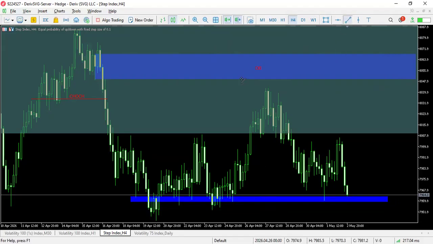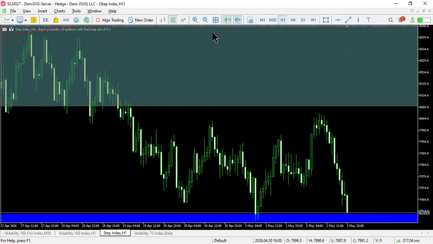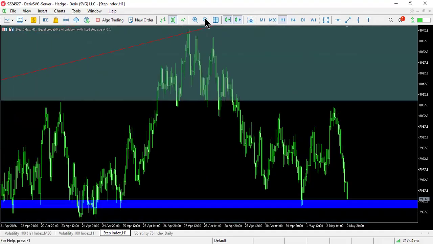And then I'm seeing all this as liquidity that price has to clear. And then heading over to our entry time frame, which is the 1 hour.